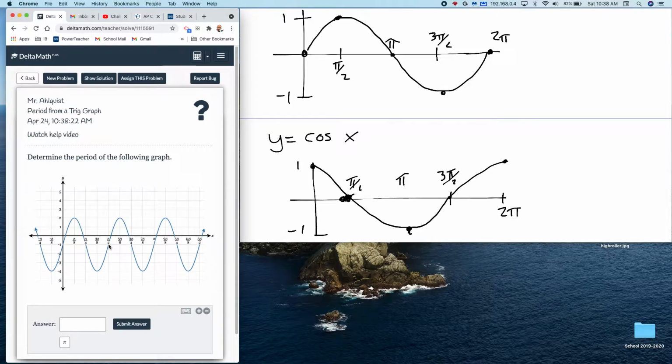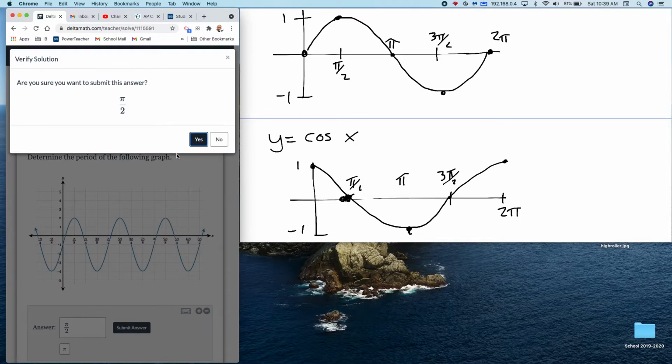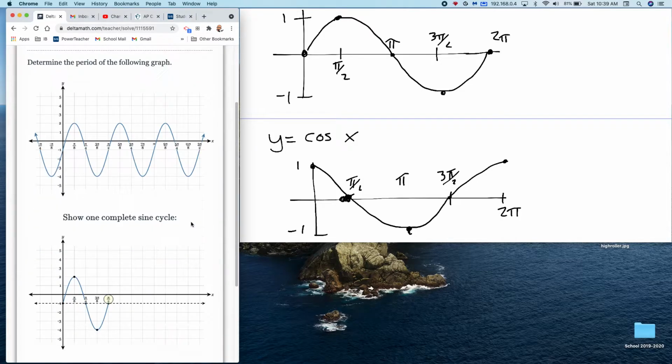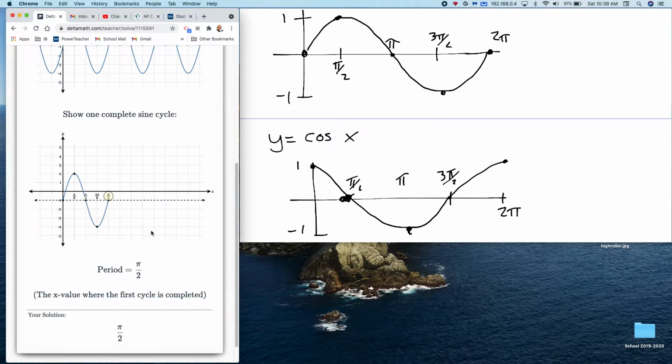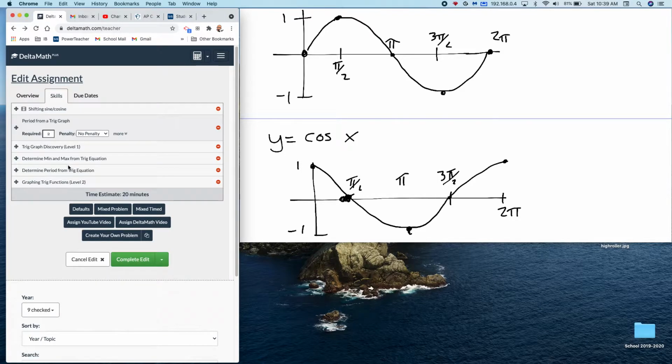So notice that that period is pi over 2. So pi divided by 2. Okay, that's the period on that one, and it'll go through and show you that's the period. Okay, so those are the first easy one.